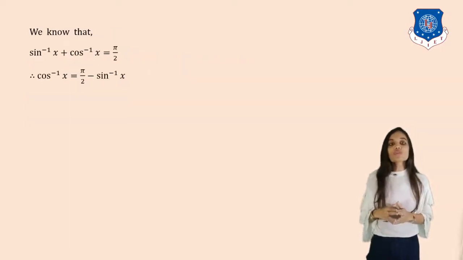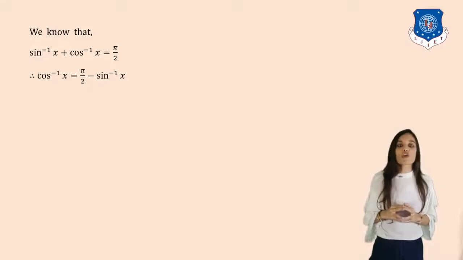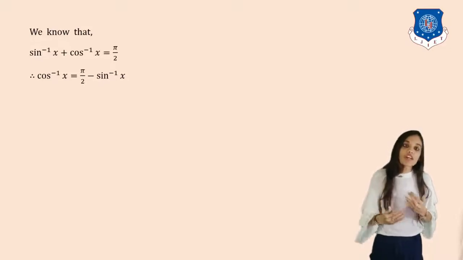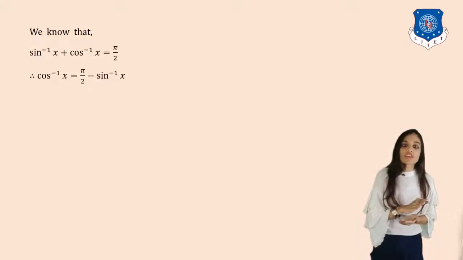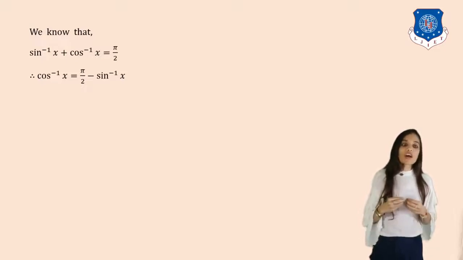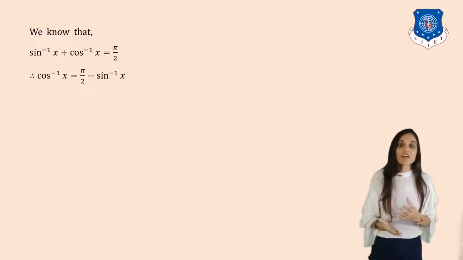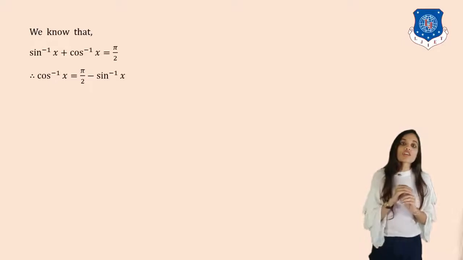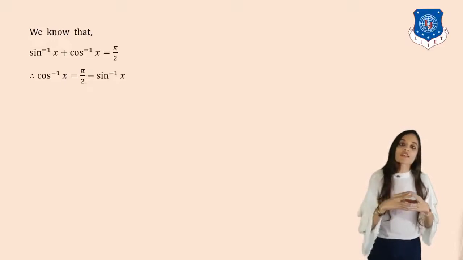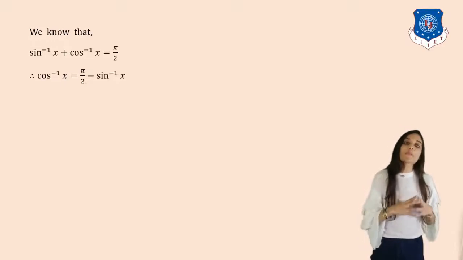Now what we have to do is find the series expansion of cos inverse of x. But in order to find the series expansion, we will neither do the derivative nor use the series expansion of 1 plus x or binomial series. We will not do anything like that. We will just use the normal formula we all know, that is sin inverse of x plus cos inverse of x is equal to pi by 2.